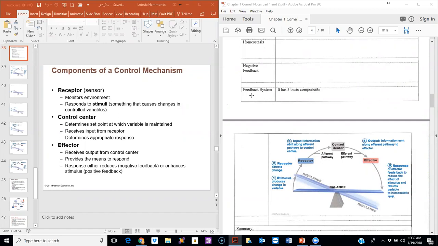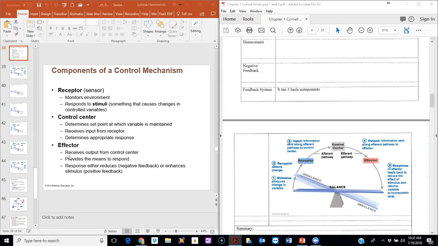Here where we have the feedback system, and it contains three basic components. Those components are the receptor, the control center, and the effectors. The receptor is going to be the portion within the body that receives the stimulus signal initially. It will send that to the control center, which will determine what needs to be done in response to that particular stimuli.